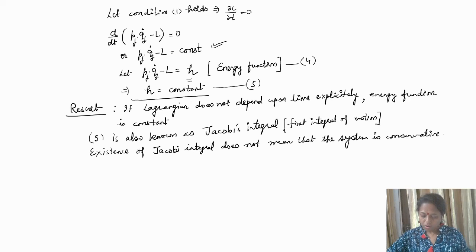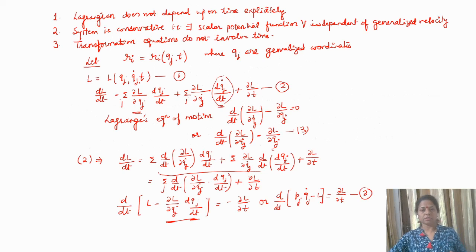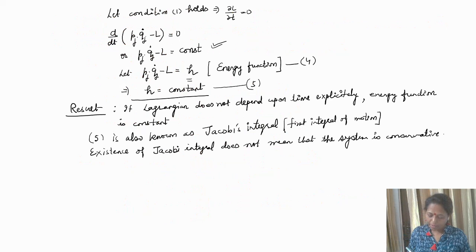Now we consider some other conditions. Suppose we consider this condition that transformation equations do not involve time. Suppose I take this one, third one. Now what will happen if condition 3 is true?